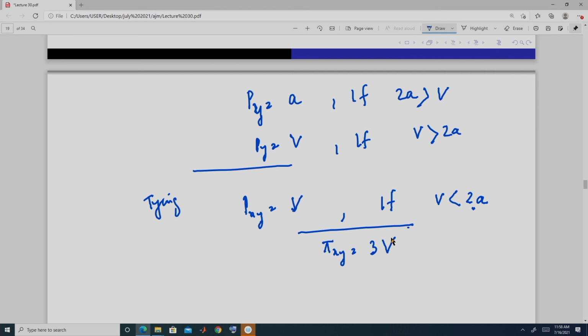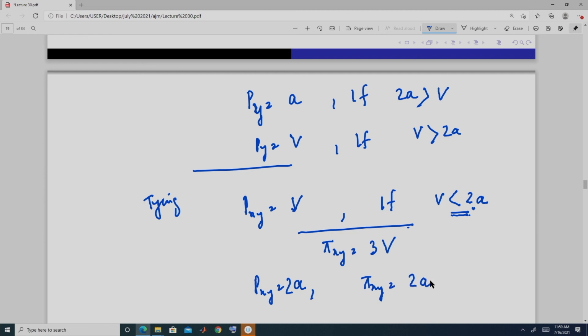Okay. And if the price is suppose 2A, then if this is the case, only consumer 2 is going to buy. So, profit here is going to be 2A.